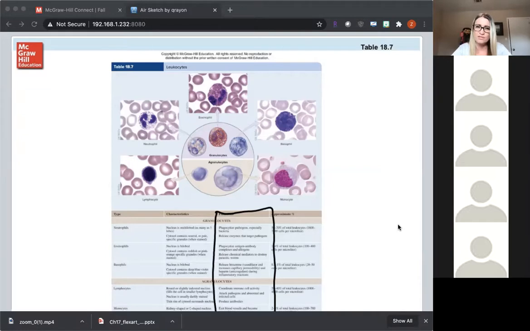Eosinophils are next on the list, and these are going to play a small role in an allergic reaction, but they are really good at targeting multicellular pathogens, such as worms and stuff. They can also phagocytize antigen and antibody complexes and allergens.